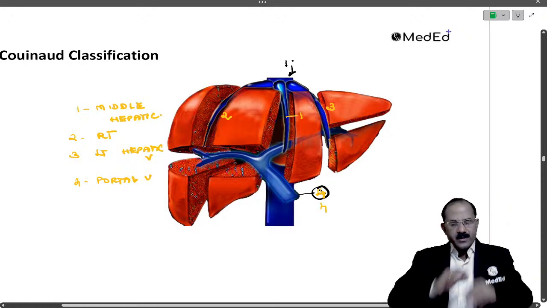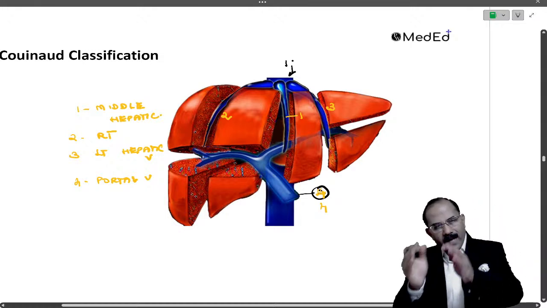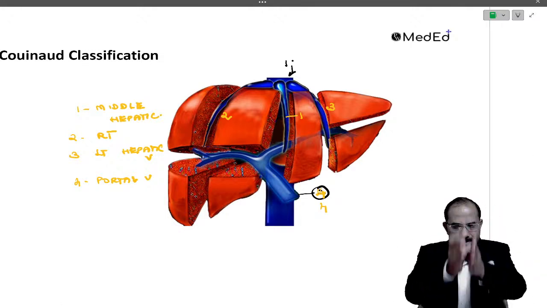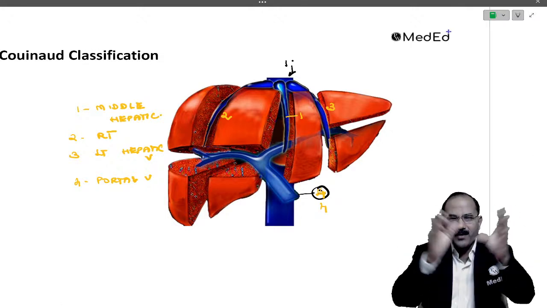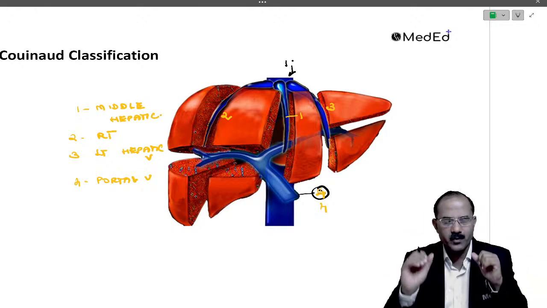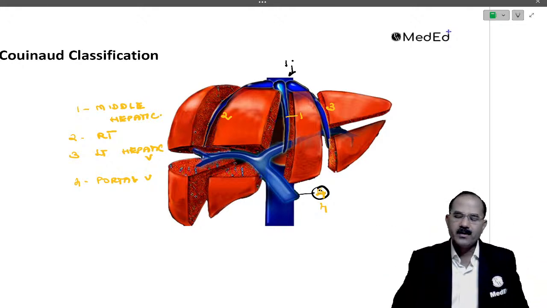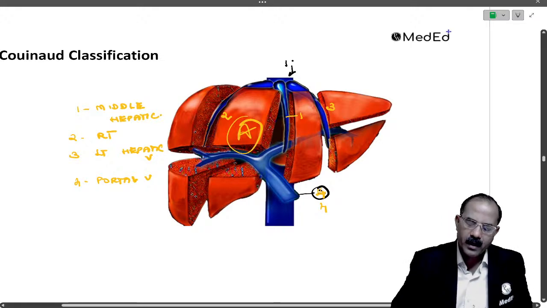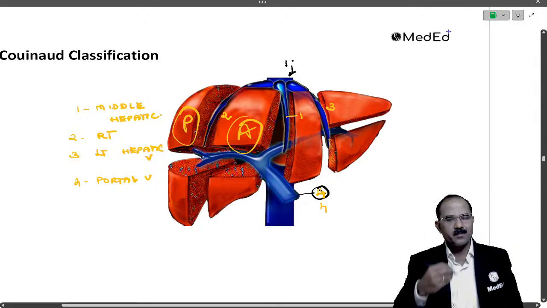Couinaud has classified the liver based on the hepatic veins and the portal vein. The middle hepatic vein divides the liver into a right lobe and a left lobe. The right hepatic vein divides the right lobe into anterior and posterior parts.